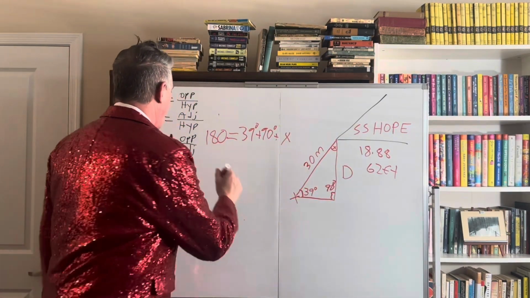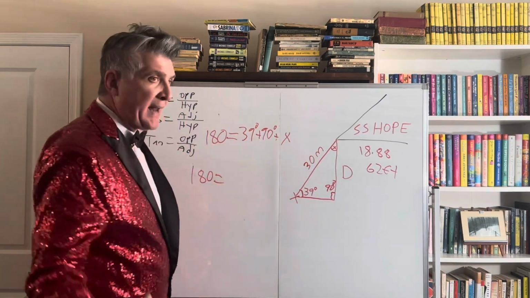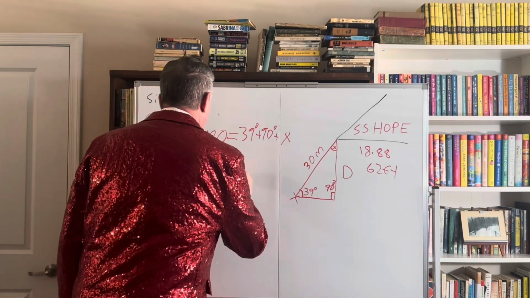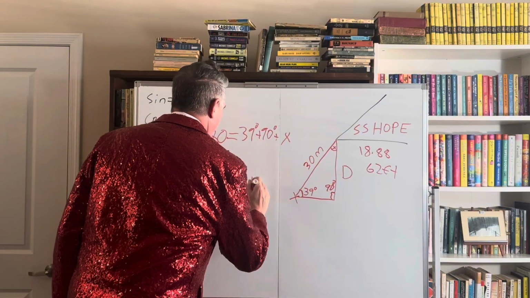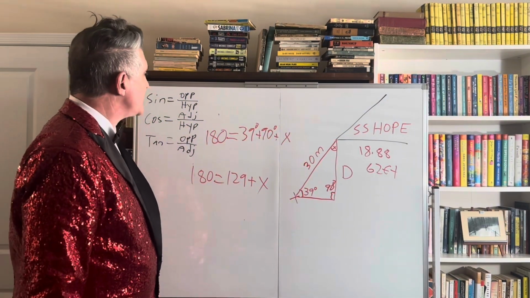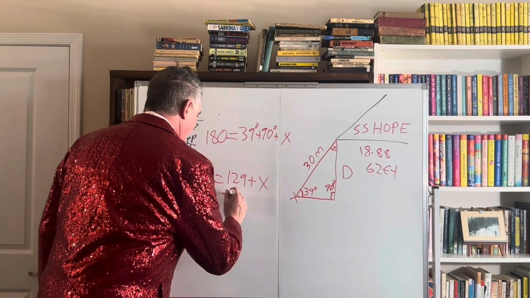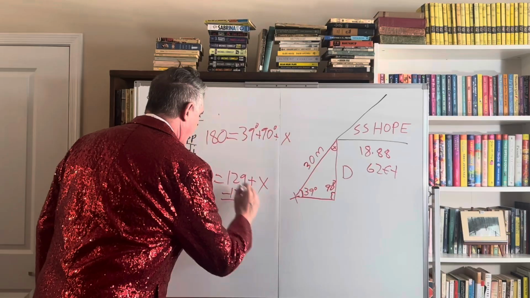Okay, simple enough. Well, we got 180. And what does 39 and 90 add up to? Yep, 129 plus x, our unknown. Trying to get x by itself, we need to solve for x. How do we isolate x? Well, why don't we just subtract the 129 from both sides? You knew I was going to say that, inverse operations.